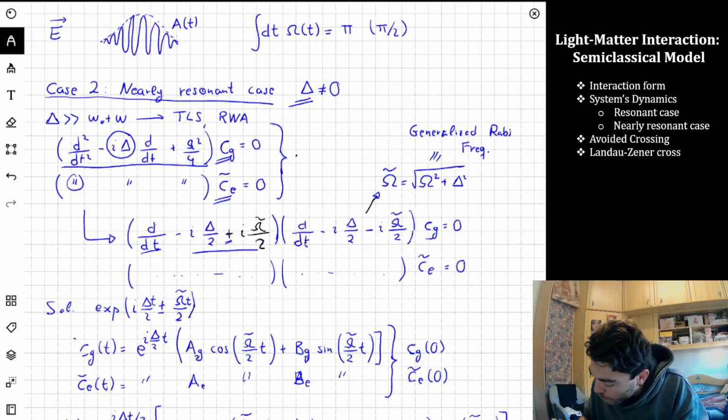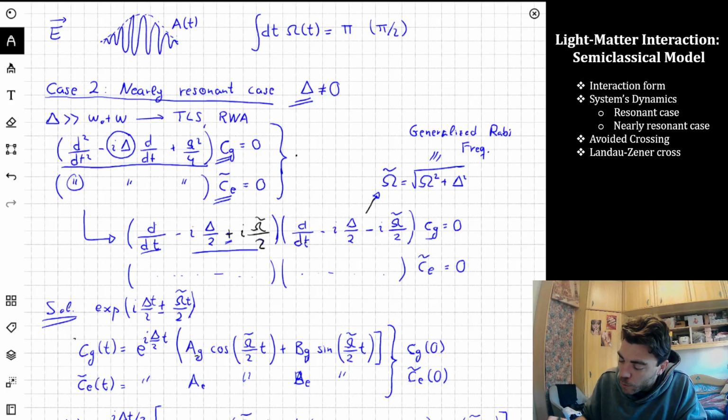So if one looks at solutions of this form, one can write the general solution as an imaginary exponential, and then some cosine and sine of omega. Now, one thing that is very important is that in order to write this operator as the product of these two operators, one realizes that what we call the Rabi frequency omega tilde is now going to be the square root of the Rabi frequency squared that we had before plus the detuning squared, which is now non-zero.